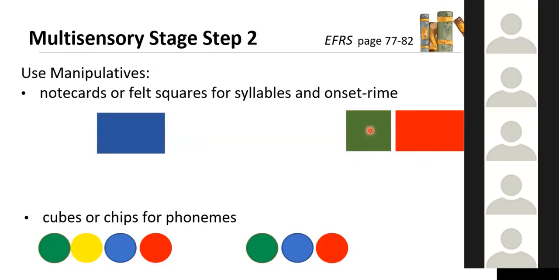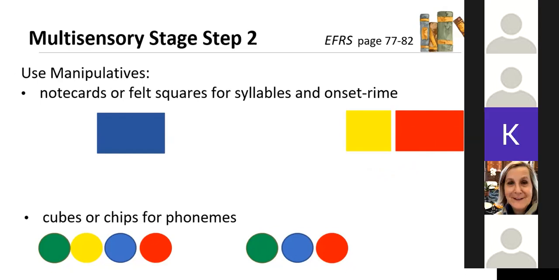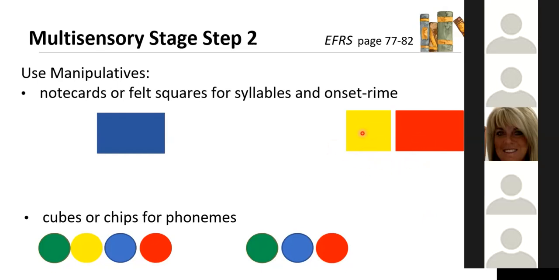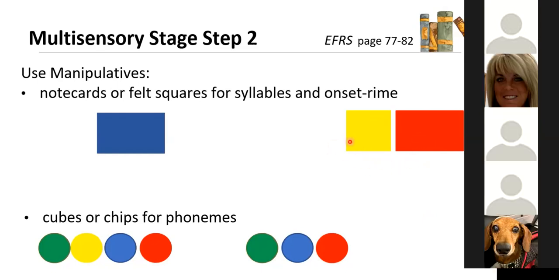I might start by just having the students tap it out. P, in, pin, to show them that this stands for P, this stands for in. And then I would show the students if I change P to F, I have a new color now, I get fin, so pin to fin. So I just show with a new color to show that the beginning onset changed.